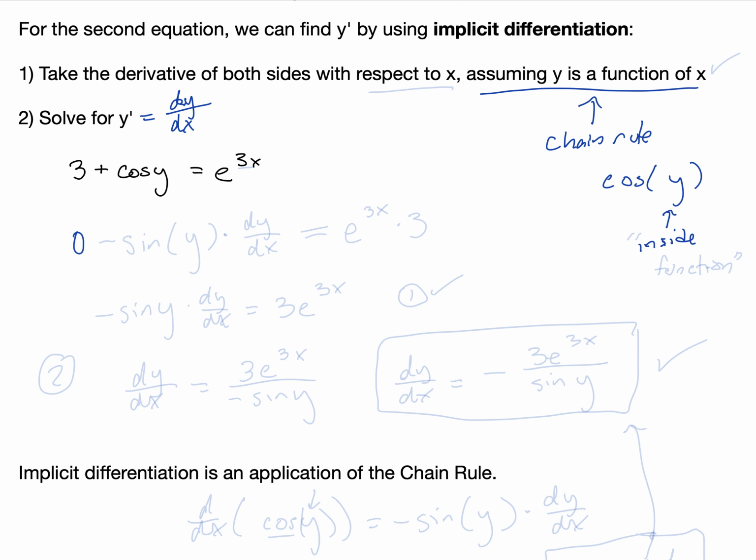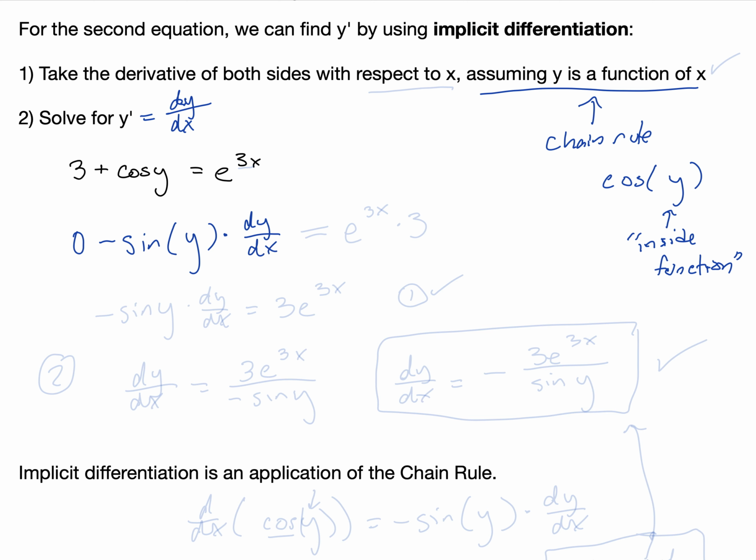The derivative of cosine is negative sine of, leave the inside alone, y, and then we multiply by the derivative of the inside, which is either y prime or dy dx.